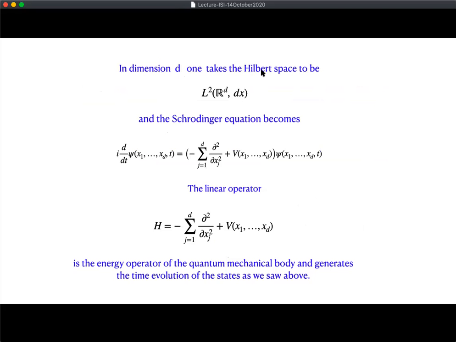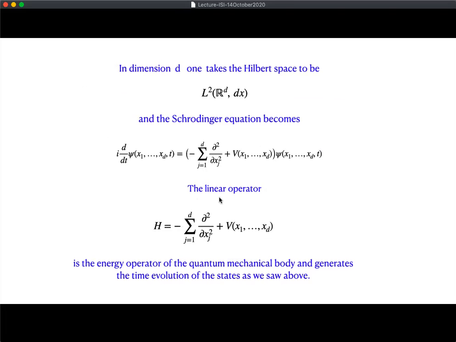So in d dimensions, for example, the state space is L2 of R^d with respect to the Lebesgue measure. And the Schrodinger equation becomes: the time derivative factor is the same, but the operator that acts on the state is modified to the Laplacian, the second derivative in each of the coordinates, and the potential function also changes.